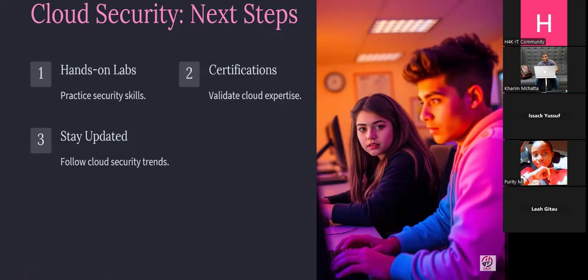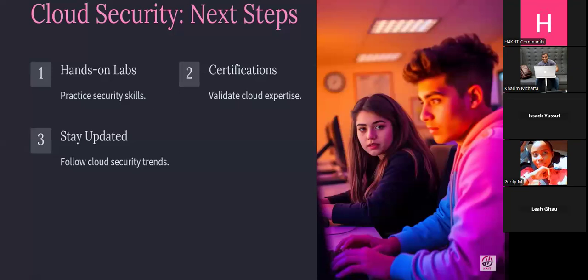And the other thing, stay updated, follow cloud security trends. Like I said before, attend virtual or physical events. Like today, there's an AWS community event happening, and it's all about cloud. Well, it's majorly AWS, which is well known for cloud, and they have an event at KCA.